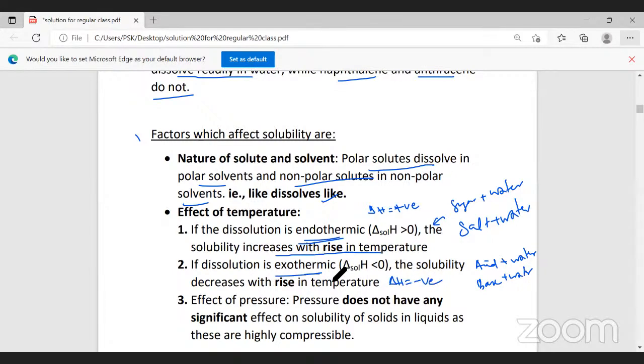So for an exothermic process, the solubility will decrease with rise in temperature. Because heat is liberated, some amount of acid or base or water gets vaporized. Therefore solubility decreases with rise in temperature.